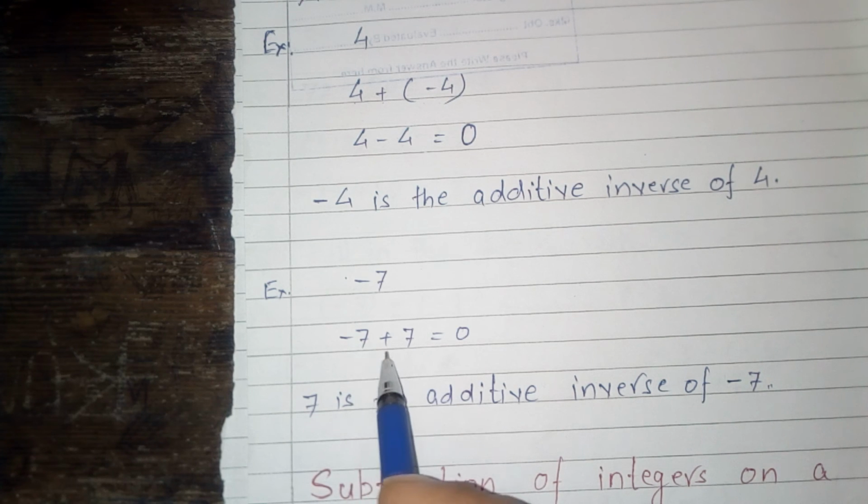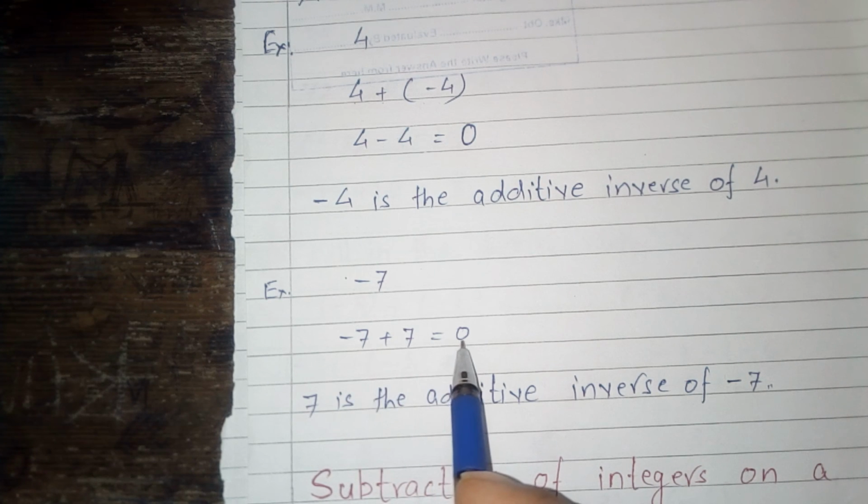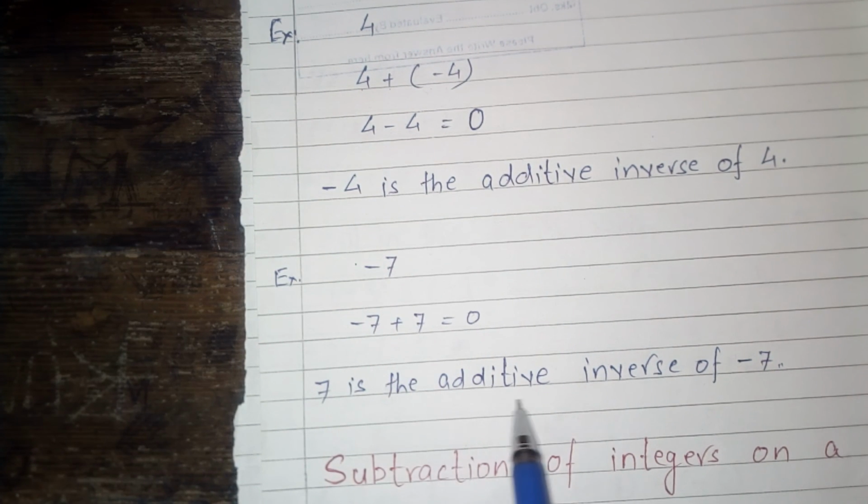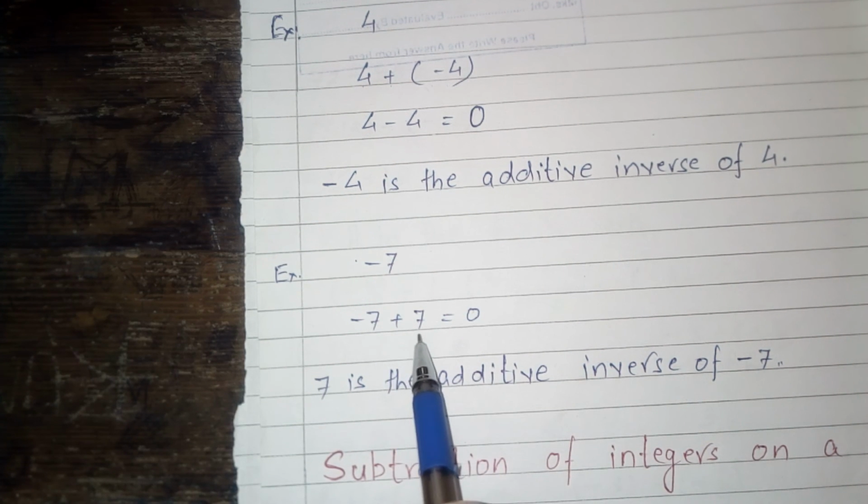Obviously your answer will be plus 7. So minus 7 plus 7 is equal to 0. The meaning is 7 is the additive inverse of minus 7.